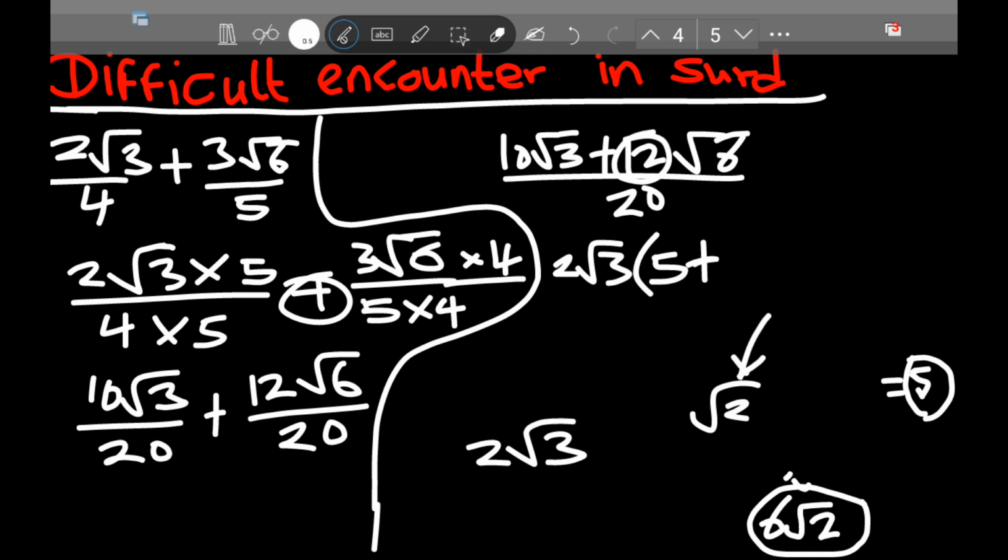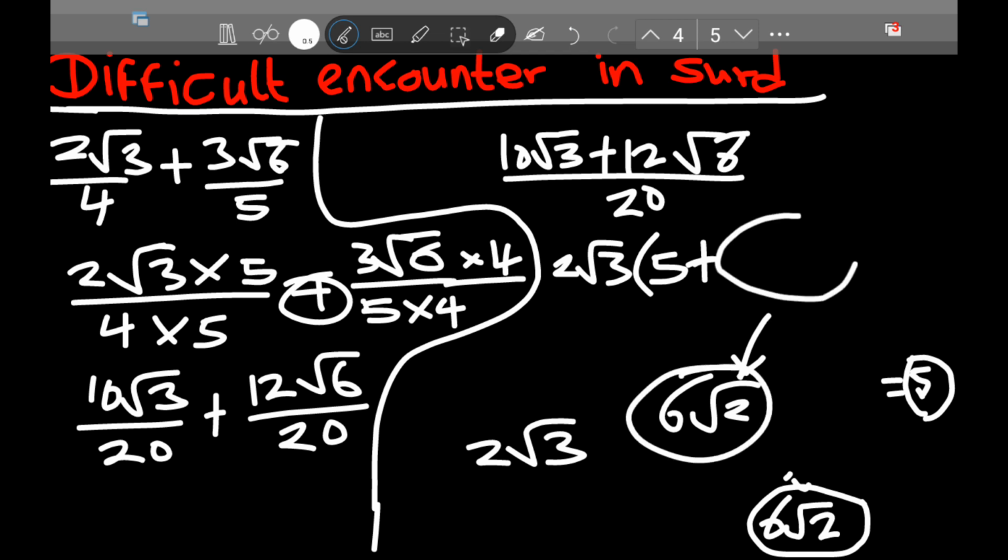Then this 12 will also be divided by 2 and will give you 6. 12 divided by 2 is 6. So this is what you also write here. Put it here. So you should have 6 root 2. Close the bracket behind. Then we can get rid of this stuff.